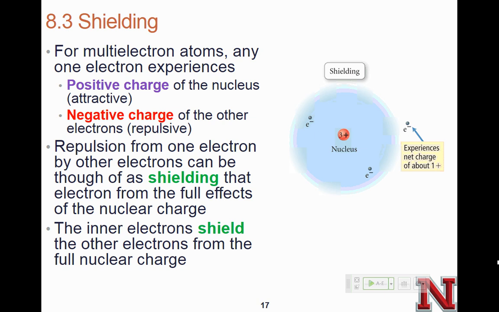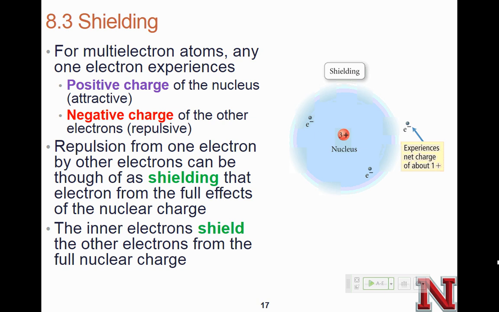So, not only is it further away, but it's also being shielded from the positive charge by these electrons in the lower energy level. Because those electrons are giving repulsion and blocking some of the positive charge in the nucleus. And the nucleus is always in the middle. That's not moving. So the further the electrons are away from the nucleus, the more it receives that repulsion from the electrons that are more into it.